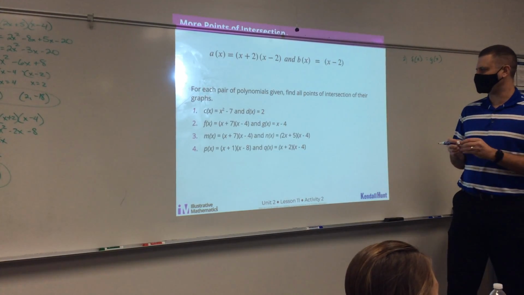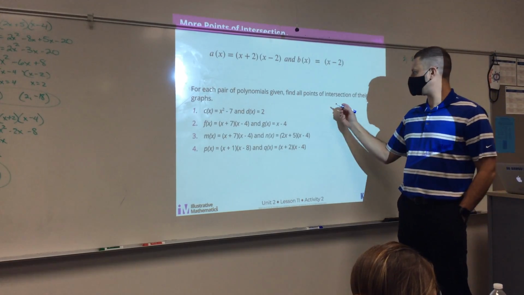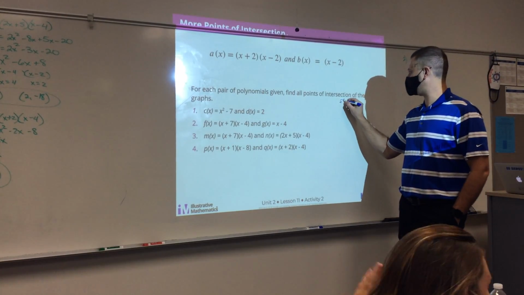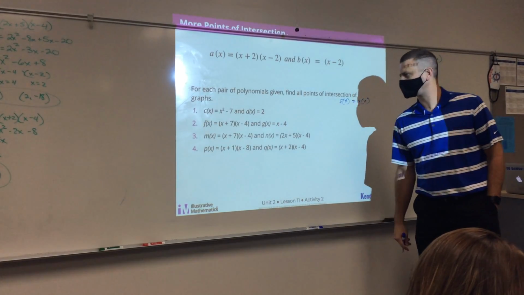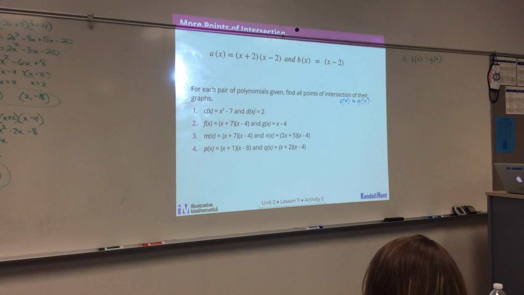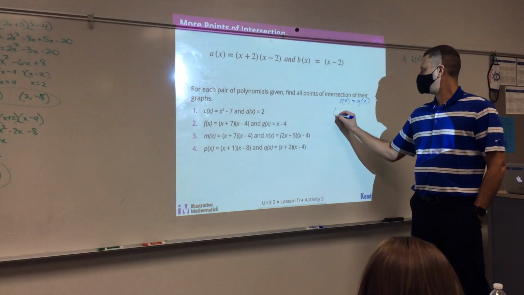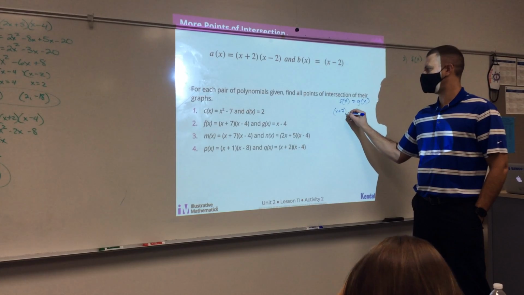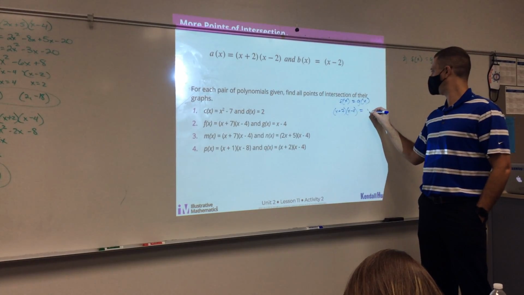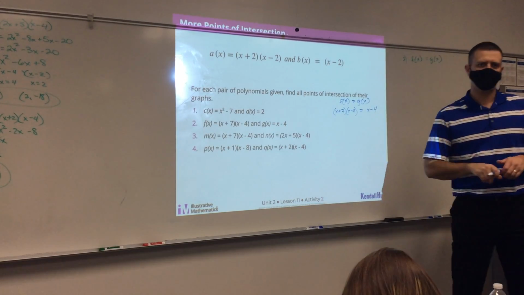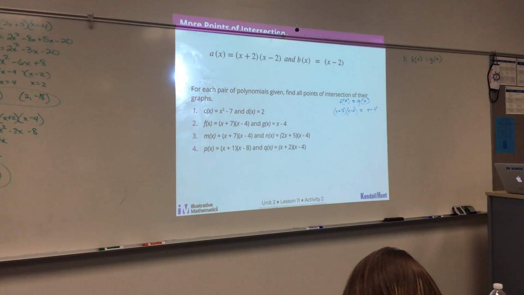Next one gets a little more challenging. Number 2. I want to know when f of x meets g of x. You should be able to get one of the answers mentally, right?